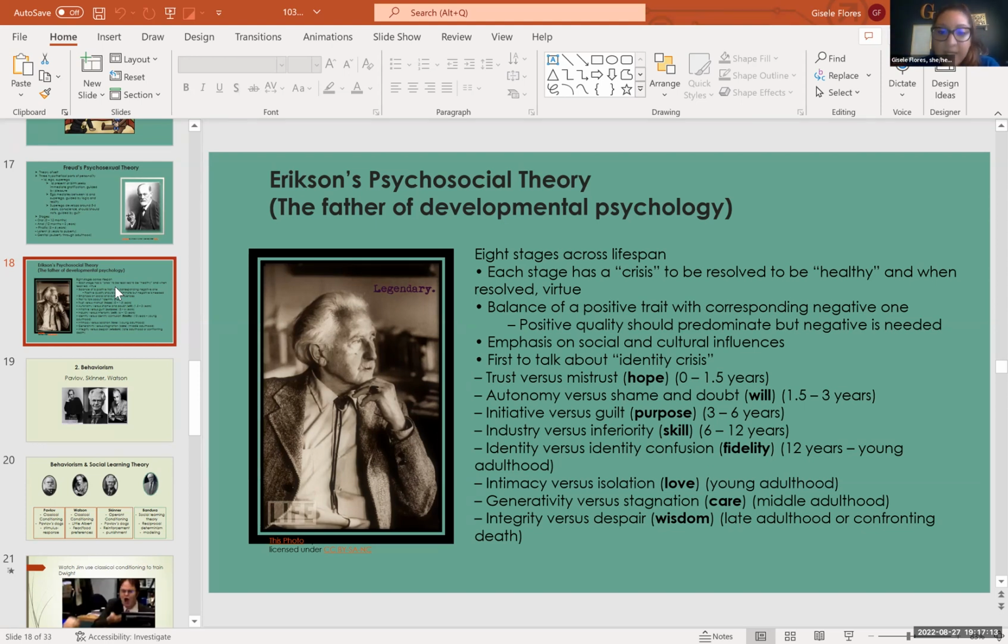Now, the next one is initiative versus guilt. The 3 to 6 year old stage is when children are maybe starting preschool or TK, or some children even kindergarten and first grade. And what they're trying to do is they're now learning, oh, hey, okay, I can do some of these things by myself. I'm going to try more things.